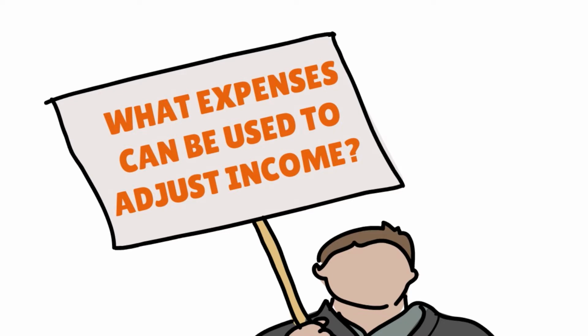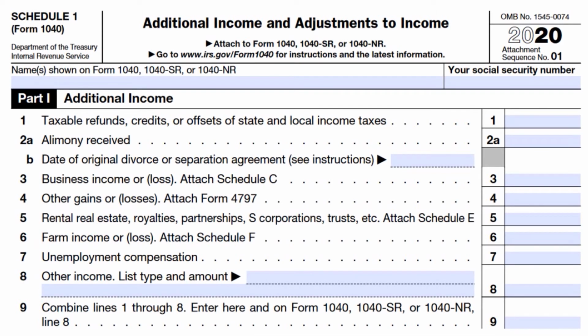Now, Schedule 1 actually allows you to report the following types of income. We're going to put them on the screen so you can see it. You have tax refunds and credits for state and local income taxes. Alimony you received if the alimony agreement took effect before 2019.